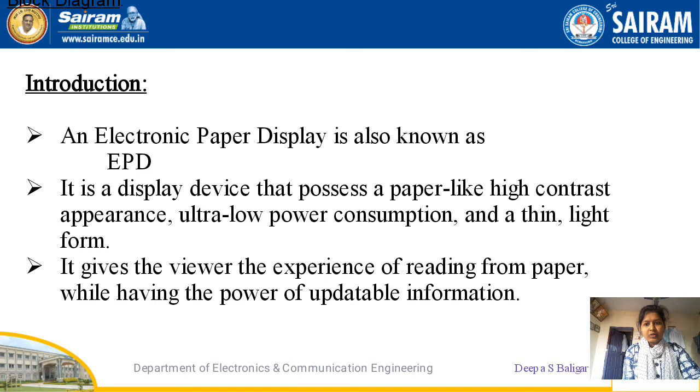E-paper is also called electronic paper, and it is a flexible display unit with a wide viewing angle. A digital pen is also used to create handwriting, and the display reflects light like ordinary paper, giving a wider viewing angle while being extremely light and flexible.